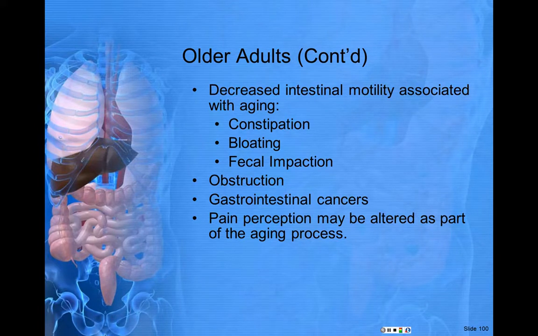So you can't rely on the same signals that you can in younger people as far as severity and even infection, because their pain perception is altered. As is their ability to run fever, by the way. Sometimes people can be very sick but not run extremely high fevers when they're older.